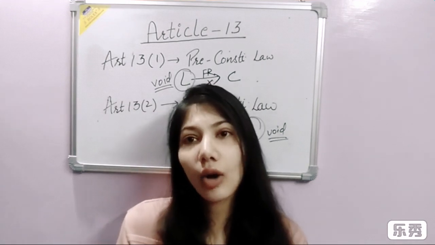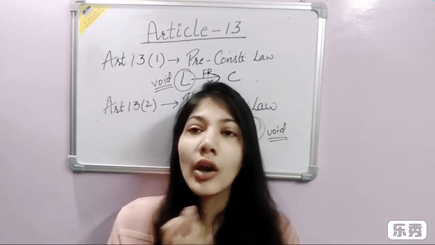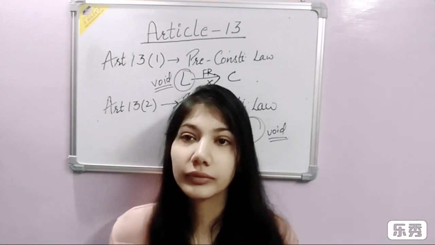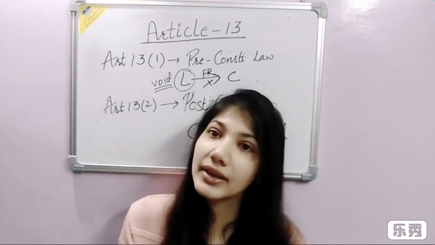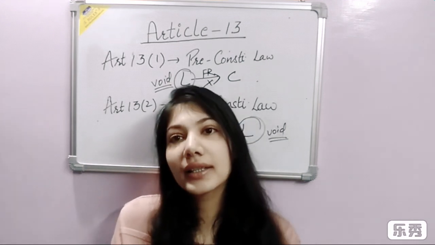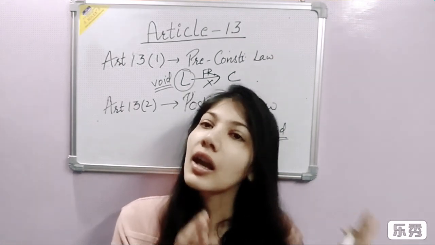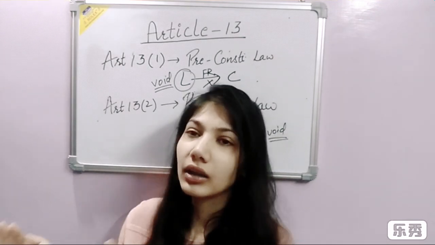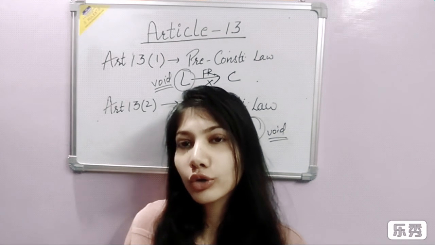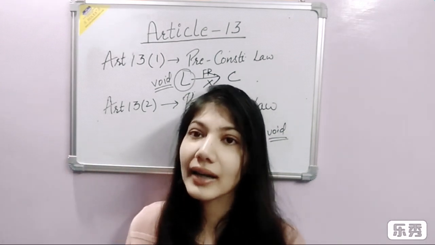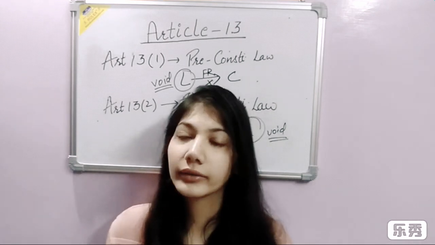So Article 13 Clause 1 and 13 Clause 2 both have prospective effect. They have no retrospective effect. I hope it is clear what is Article 13 Clause 1 and what is Article 13 Clause 2. Article 13 Clause 1 is pre-constitutional laws and Article 13 Clause 2 is post-constitutional laws, and if anything is in violation of the fundamental rights, then it will be declared void.